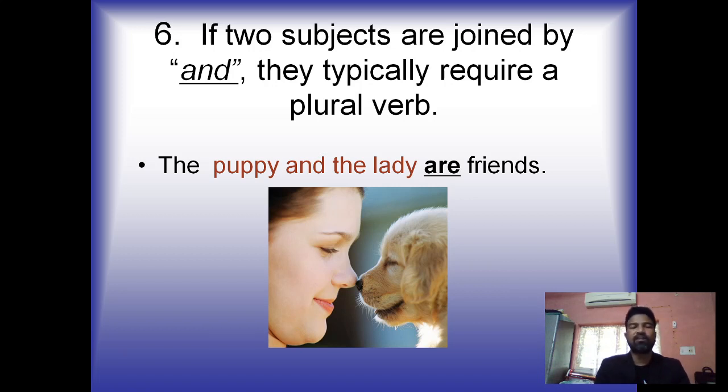It could be two singulars, two plurals, or one singular and one plural, whatever the subjects are. If two subjects are joined together, only a plural verb should be used. So in this example, the puppy and the lady are friends.